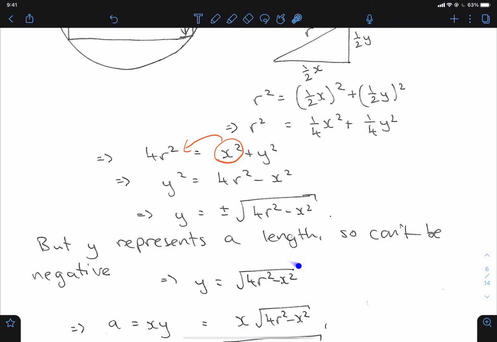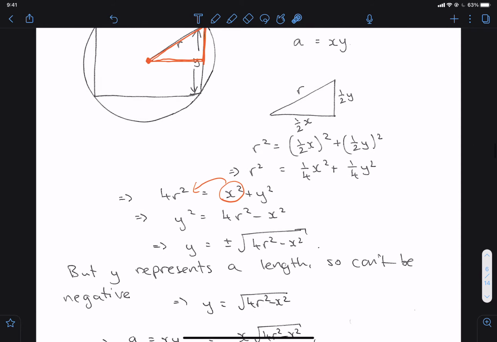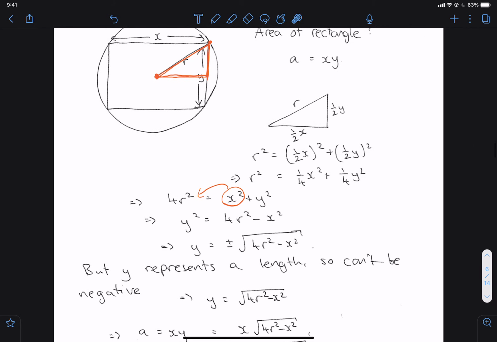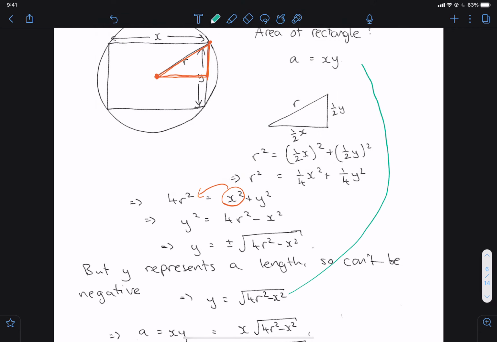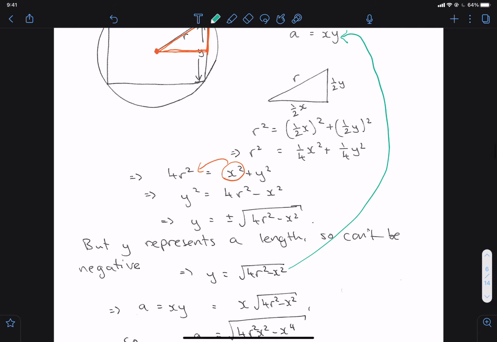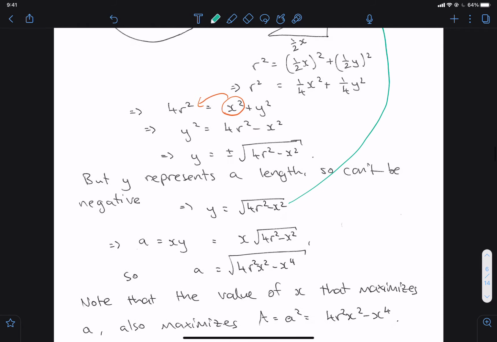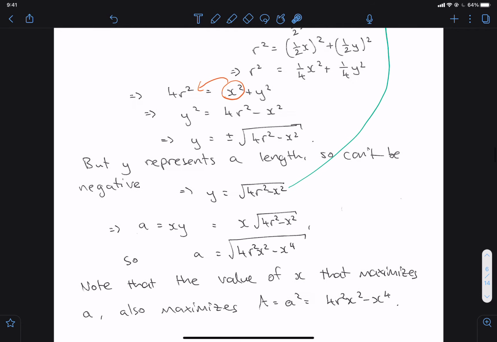And now after we have this y, we're going to plug it into our previous expression for the area, so that we can have the area written in terms of only one variable. So now this A is equal to xy, right, which is written in this form.